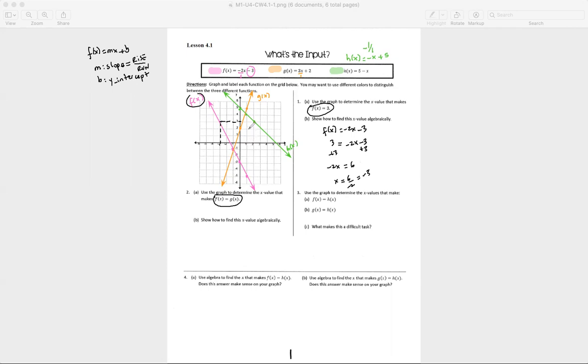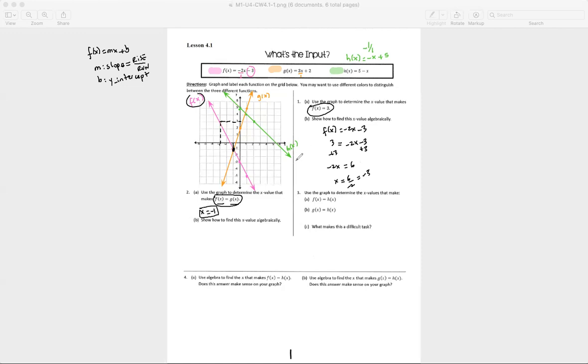So when they give you a function equal to another function, on the graph, you're looking for where they intersect. In this case, where does pink meet orange? The point is here. They said use the graph to determine the x value. Which x value corresponds to this? If you map onto the x-axis, it's x equals -1.